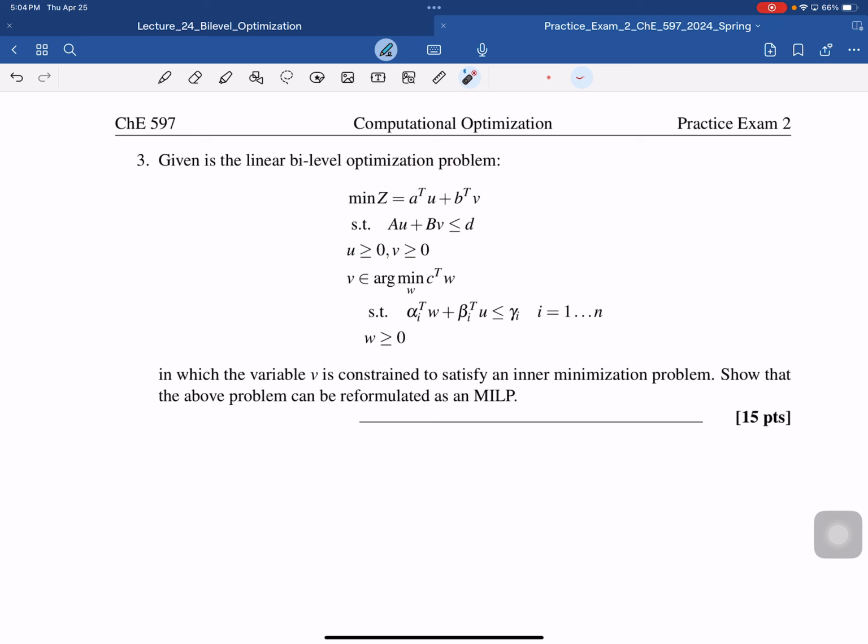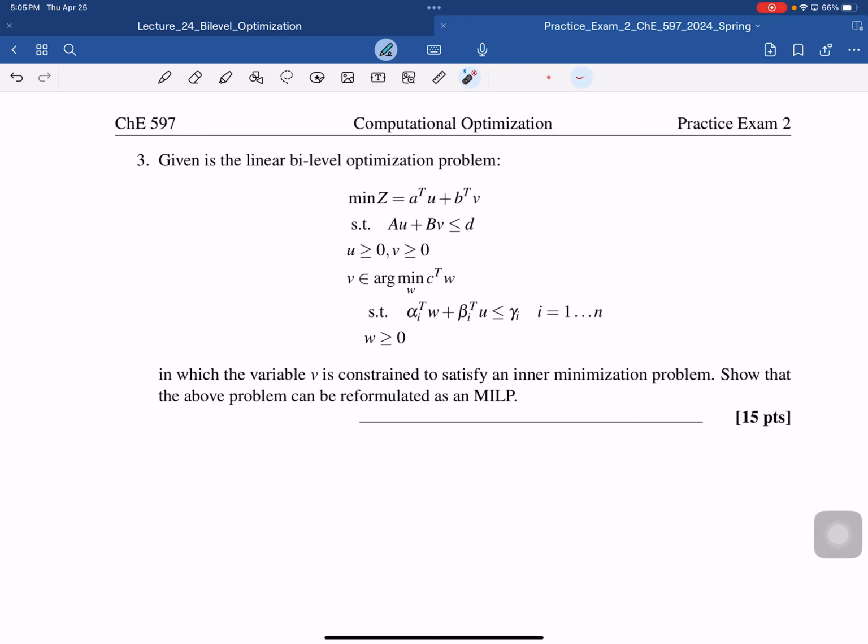And V has to be constrained such that we minimize a linear programming problem in the lower level. So the lower level problem is with respect to these W variables, but V has to be an optimal solution of this particular linear programming problem.